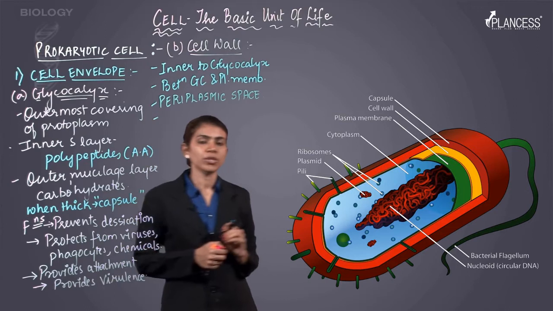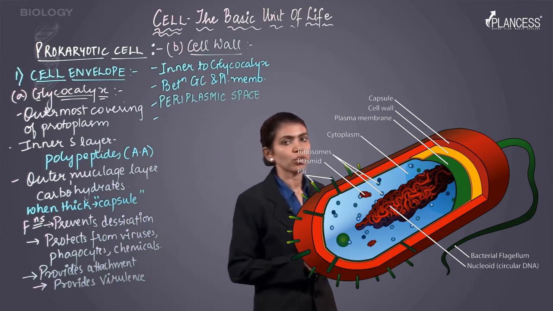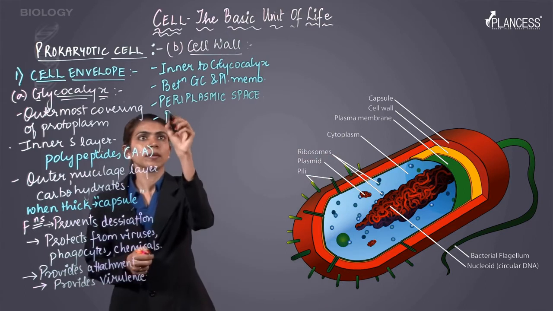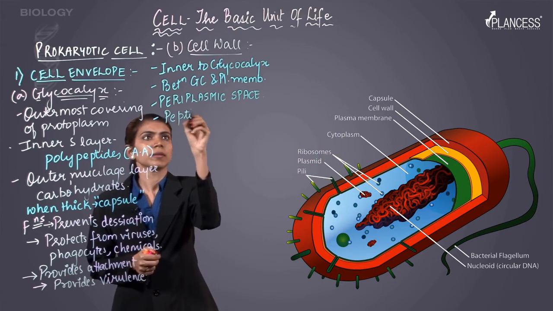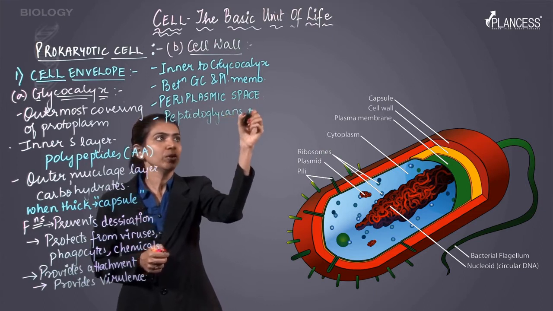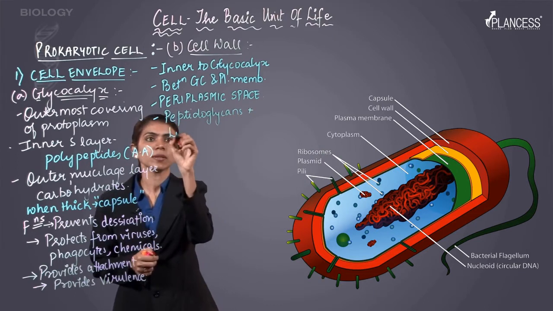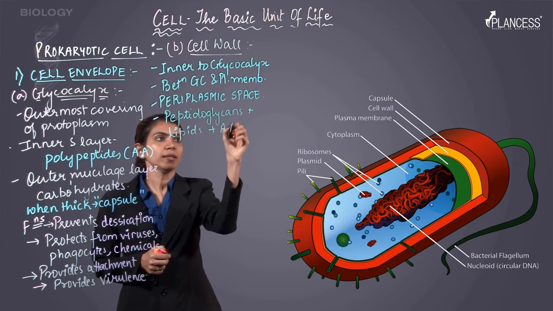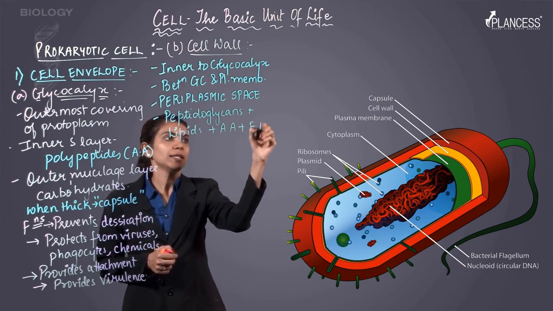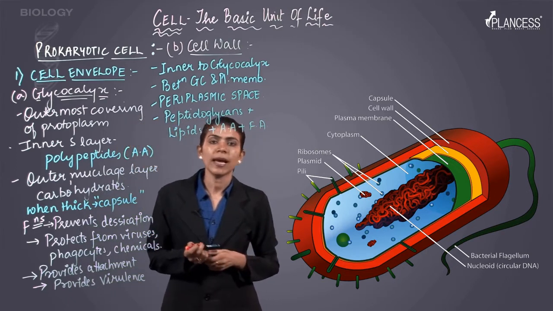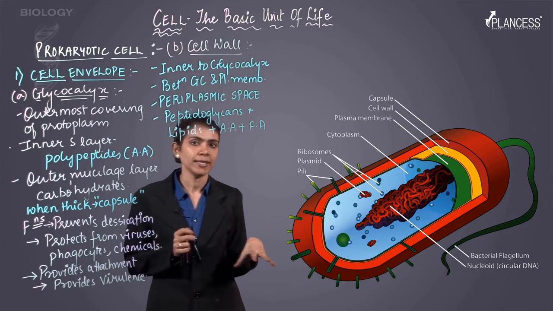Now coming to the composition of the cell wall, what is it composed of? The cell wall is mainly composed of peptidoglycans. Along with peptidoglycans, it also has lipids, amino acids and fatty acids. Now bacteria like Mycobacterium and Nocardia have long chain fatty acids.